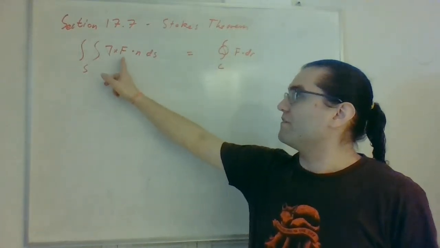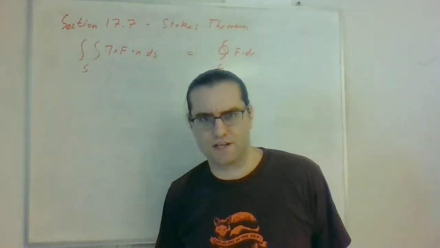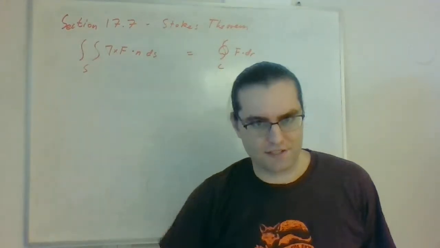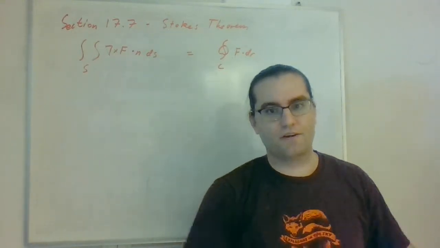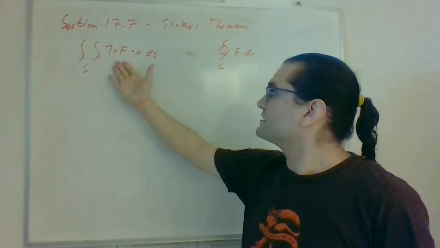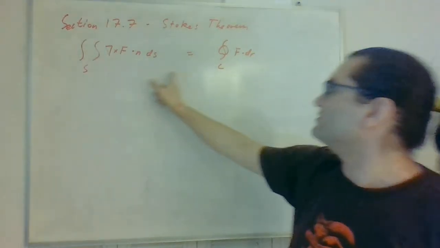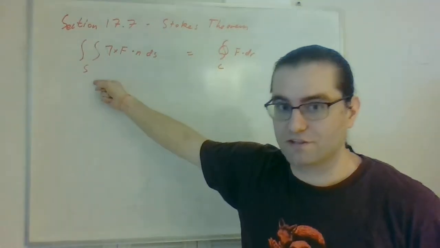Figuring out when a vector field is the curl of another vector field is kind of a challenge. It's not like path independence where there's a really easy test to figure that out and determine what the original function is. So this is honestly not often used in this direction. I think it's more often used in this direction.